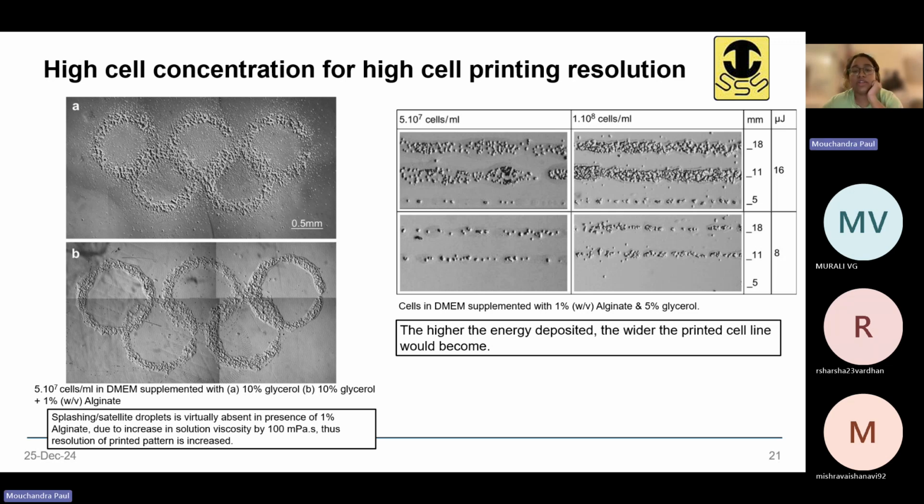Similar interpretations can be made for the lower laser energy, that is 8 microjoule. But in this case, when the aperture size is much less, like 5 mm, in both cases you don't see any droplets getting deposited.